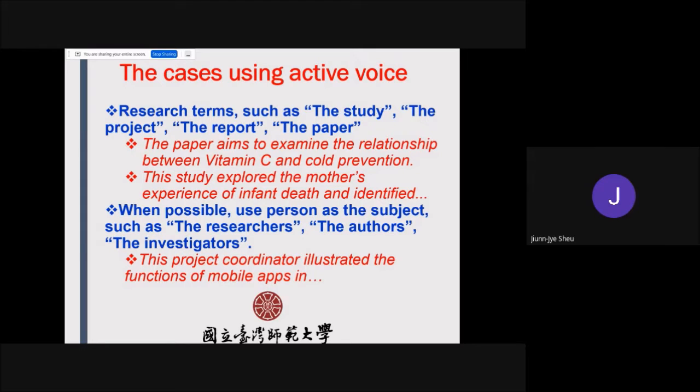So you can see the verb may be in present tense, maybe in past tense, depending on the preference of the journal. You may say the paper aimed to examine or aims to examine. It depends on the journal's preference. And a lot of the time you will see how the editor or reviewer comments, and you just follow their preference in order to get your article published.